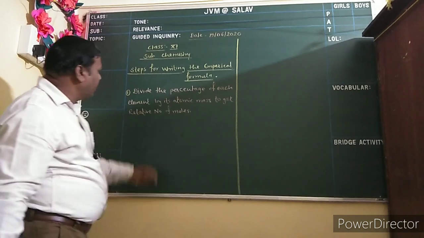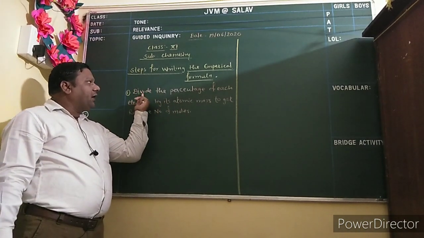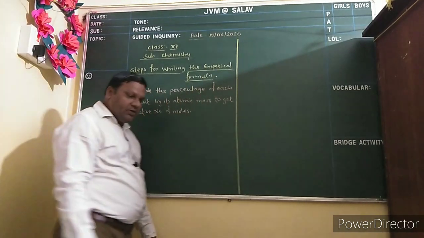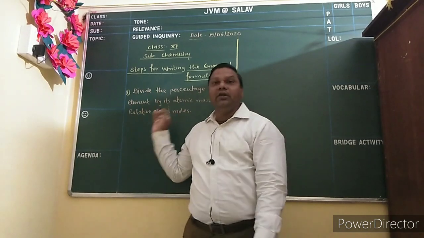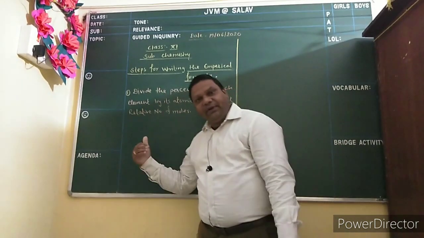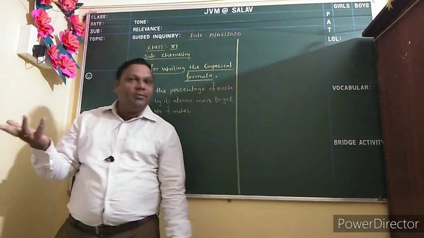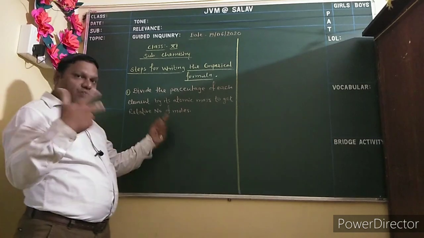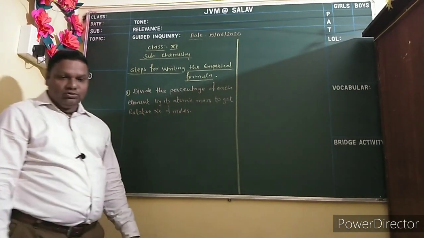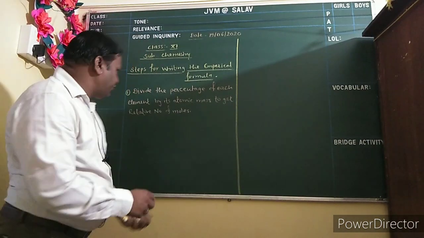Again I repeat: whatever percentage is given, divide the percentage of each element by its atomic mass. Suppose a compound has three elements, so there are three different percentages and three different atomic masses. Using these values, you divide and you will get the relative number of moles.